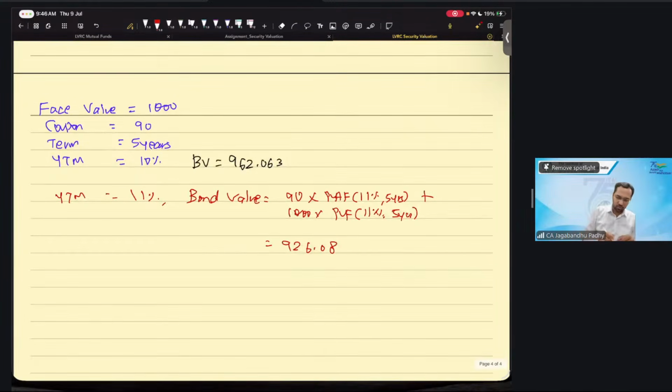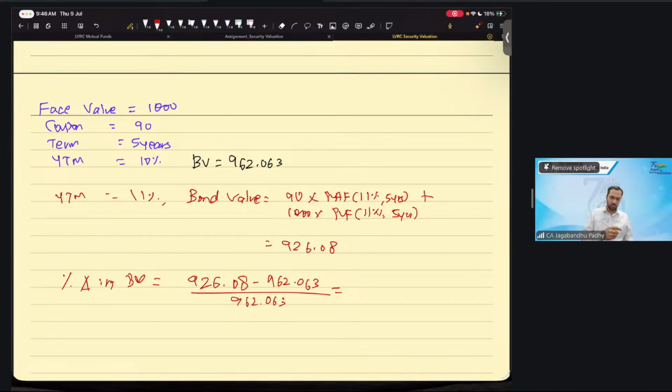If I ask you what the percentage change in bond value is, the bond value has reduced to 926.08 from 962.063. So with a starting value of 962.063, we compute 926.08 minus 962.063, divided by 962.063.